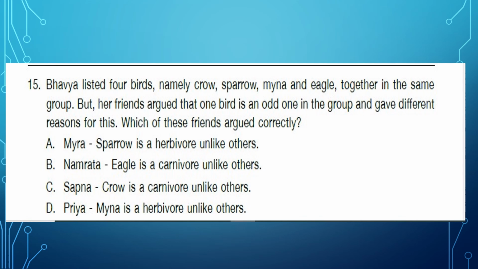Sparrow is a herbivore unlike others. B. Namrata. Eagle is a carnivore unlike others. Option C. Sapna. Crow is a carnivore unlike others. Option D. Priya. Myna is a herbivore unlike others. And here the answer is option B. Namrata. Eagle is a carnivore unlike others.